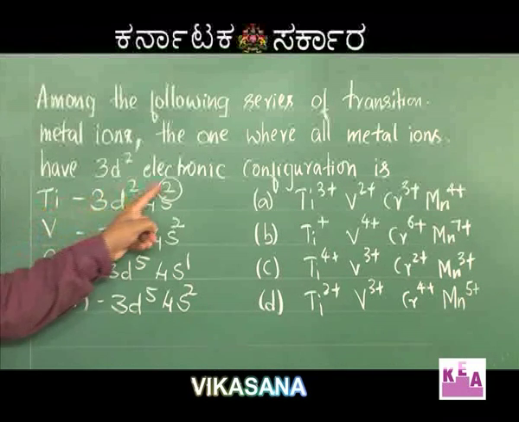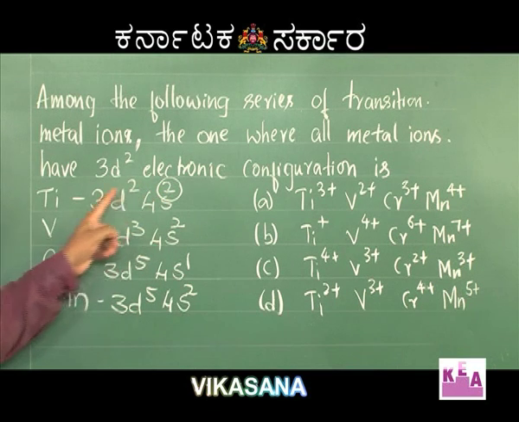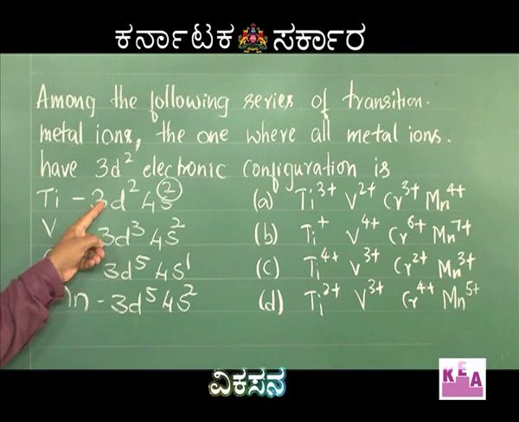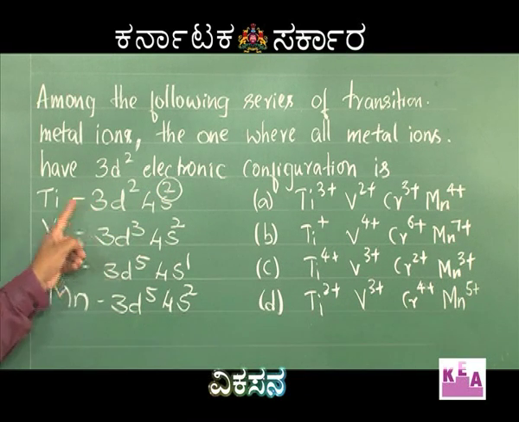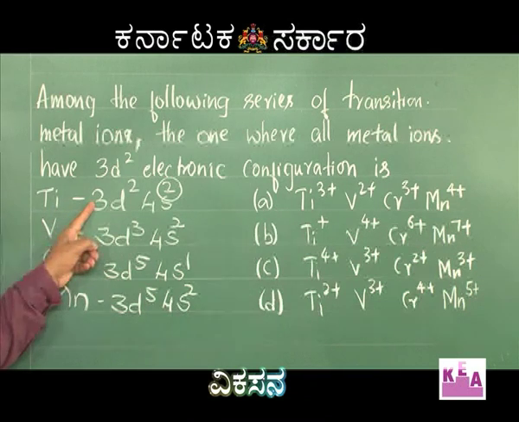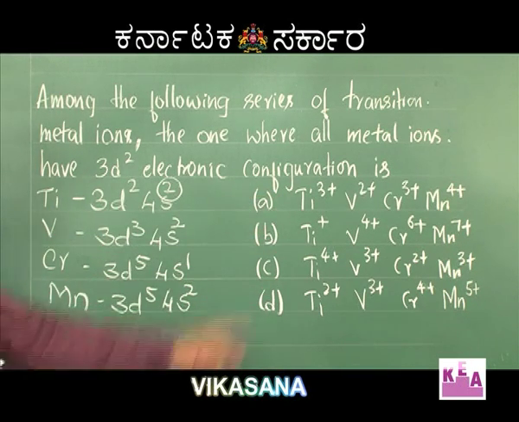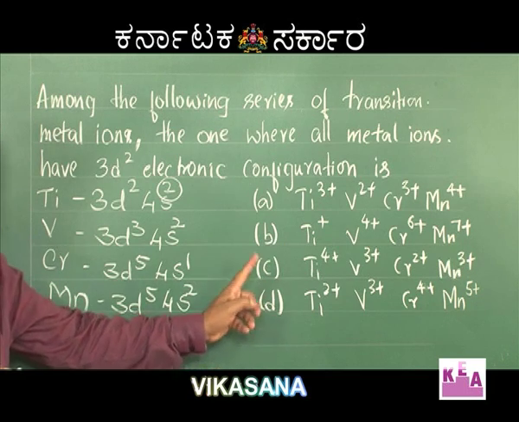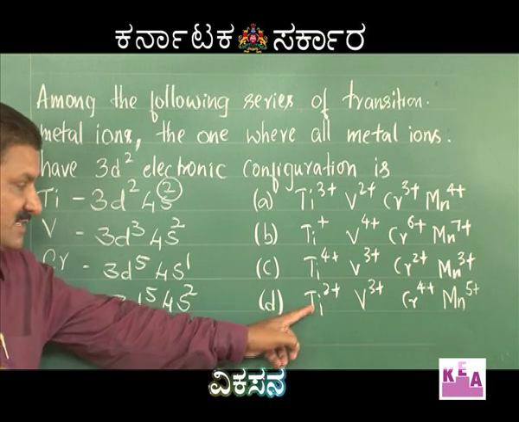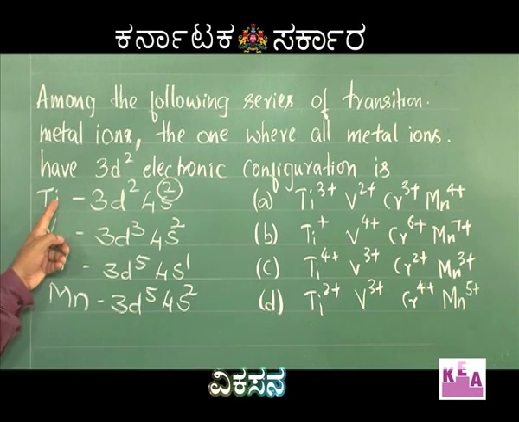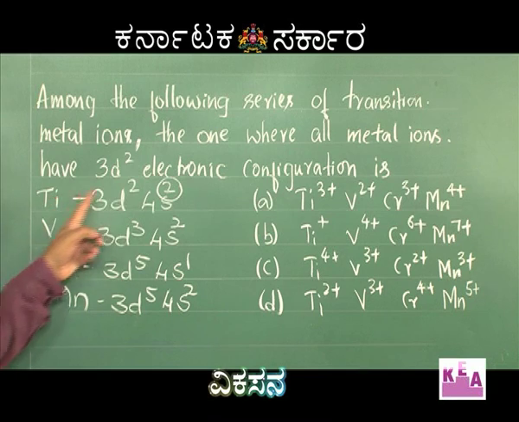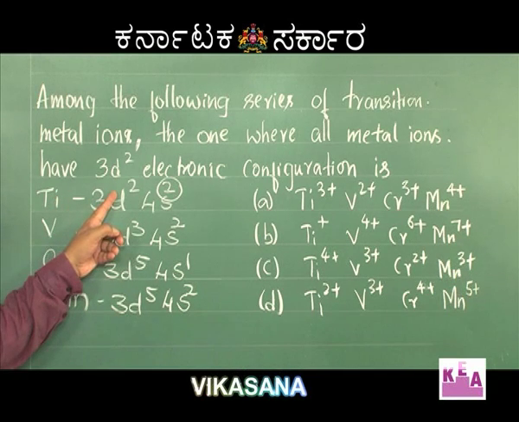Titanium in plus 2 oxidation state exhibits 3d2 electronic configuration. With this clue itself we get the answer. Look at the given 4 options. Amongst the given 4 options, it is only option 4 which has titanium 2 plus. Look here, titanium 2 plus has 3d2 electronic configuration.